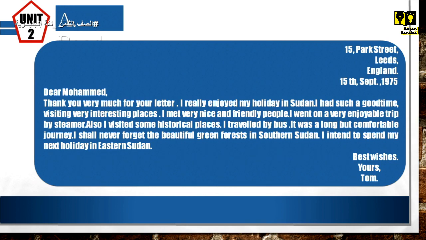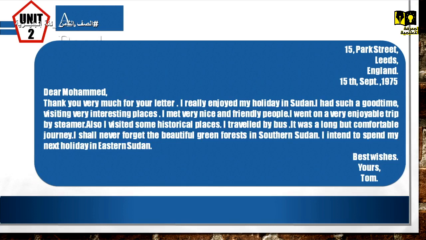So we start by writing from the smallest addresses, the smallest things, to the biggest, right? For example, if you live here in Burri, right? You start Burri, المعرفة Street, okay? And you write here Khartoum, and you write here Sudan, okay?